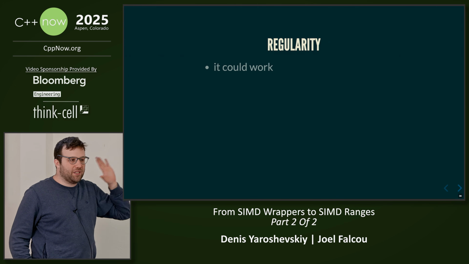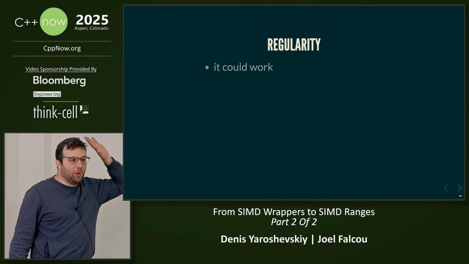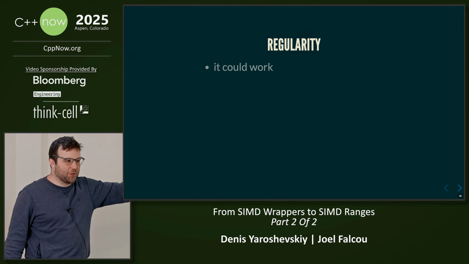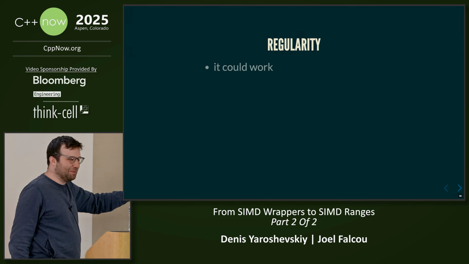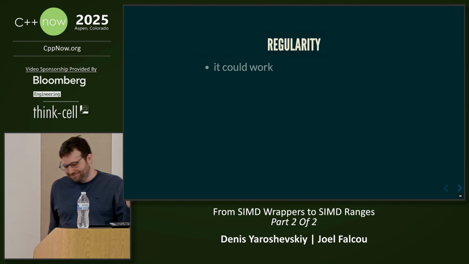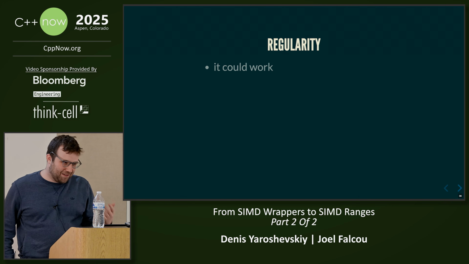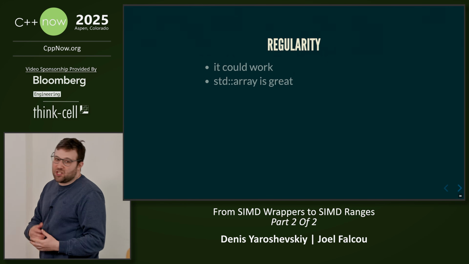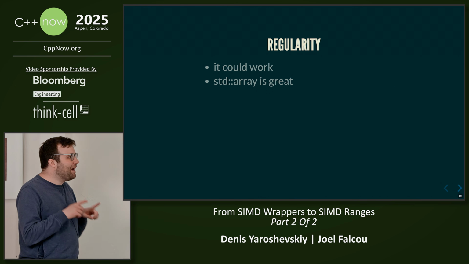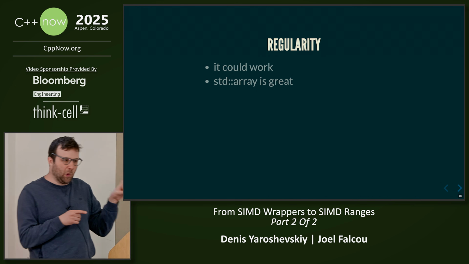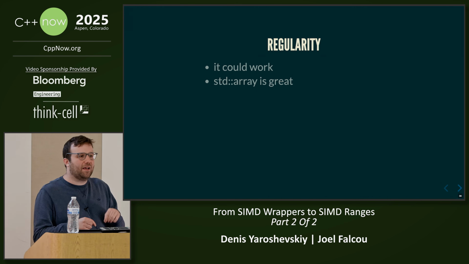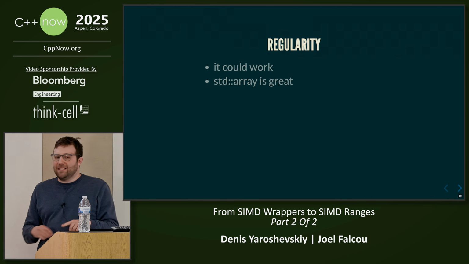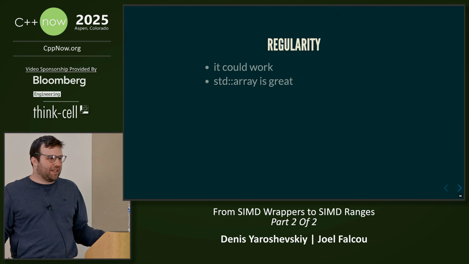When I first started messing around with this, I was like, all of these people are mental. Operator equal should return bool. I'm going to return bool, right? Then you start looking a bit. First of all, std array, as we mentioned, is quite good. And every time I've seen that you want this to be bool, if you want the value type, you use standard array. SIMD is not standard array, it does different things.